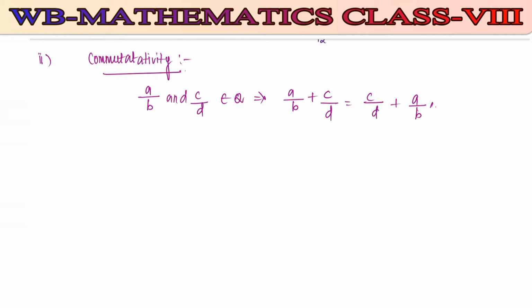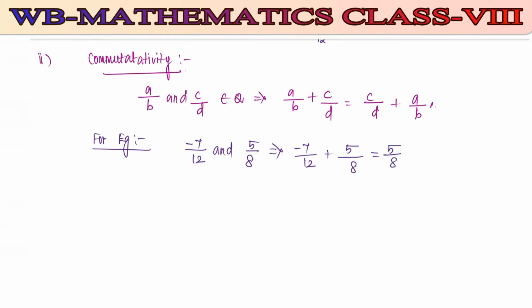For example, I can take two numbers. The first number is minus 7 by 12 and the second one is 5 by 8. So I am going to write the first number, minus 7 by 12 plus 5 by 8, is equal to, reversing the order, 5 by 8 plus minus 7 by 12.